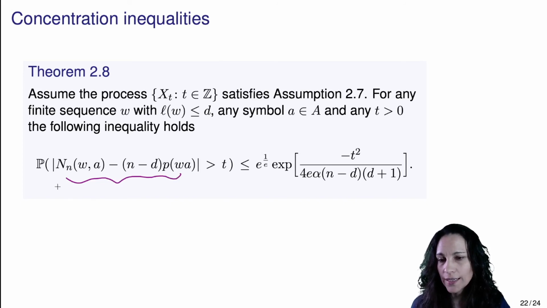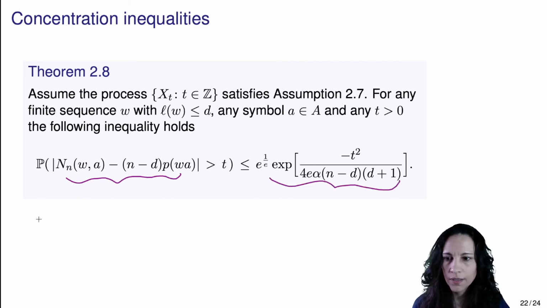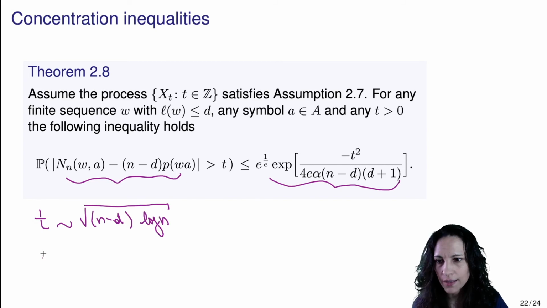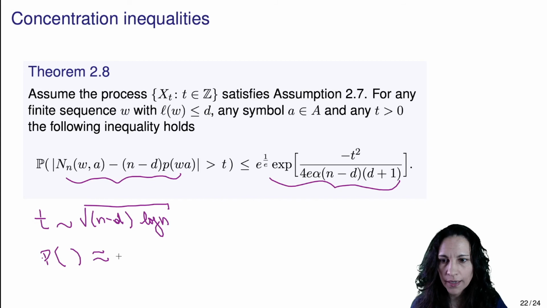So this statement says that the probability of this difference in absolute value being greater than t is smaller than this expression here, okay? Observe that we can take here a t of order square root of n minus d times log of n, and then the probability will be of order n to the minus c over d plus 1.